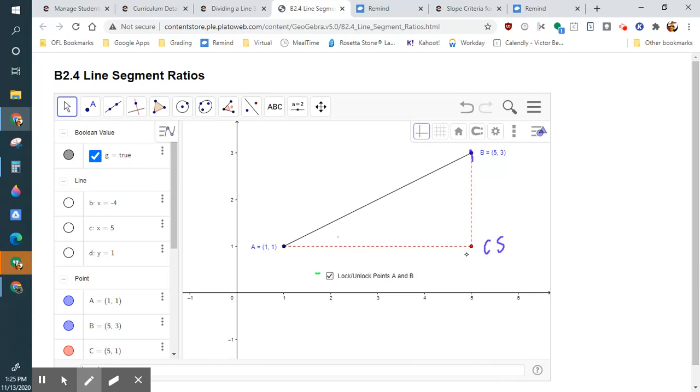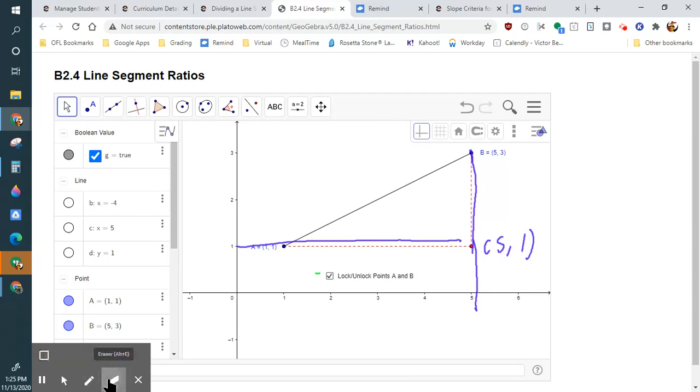And our x value, or I'm sorry, our x value is 5. Oh my gosh, I got that backwards. I'm so sorry. Our x value is 5. And our y value is 1. All right. Okay. So that tells me, give me a second here.